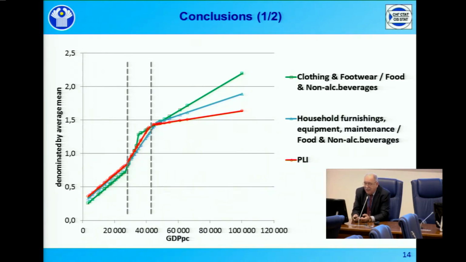So we can see that, based on 2014 PPP data, the group of the weakest economies might be detected at the level of about 28,000. The border between the second group and the third, the strongest economies, is not so strict.